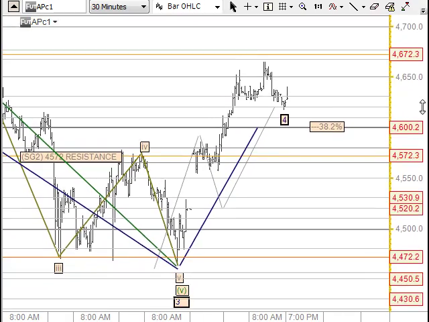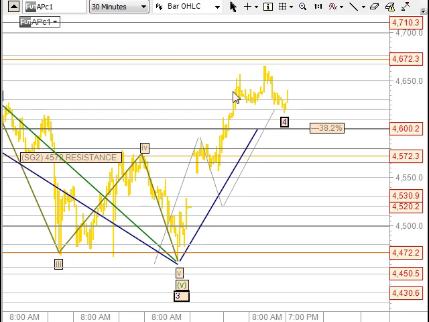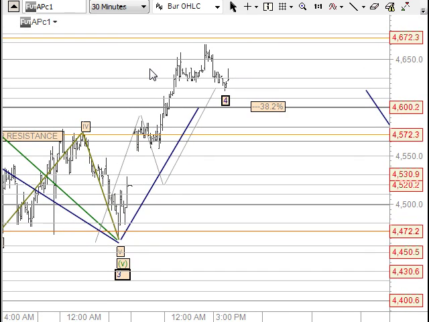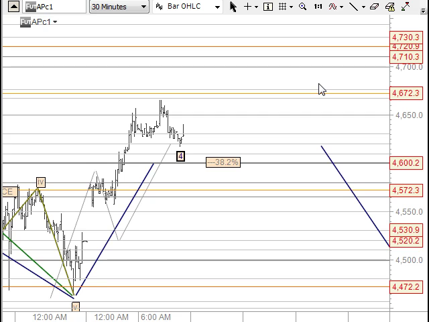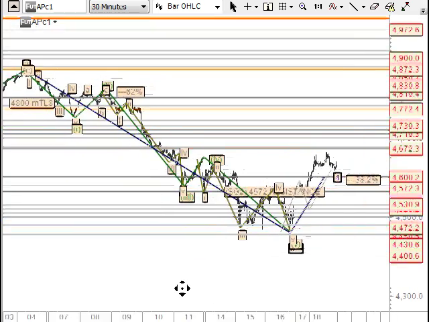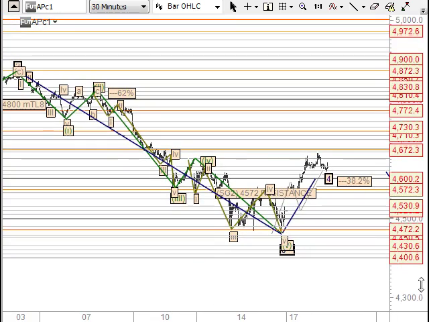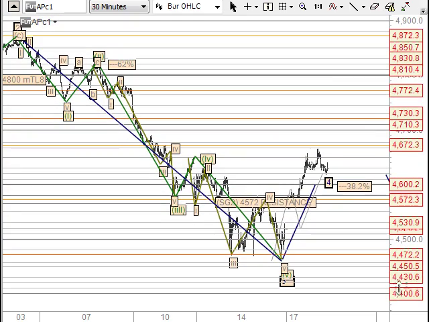So if we do have this 5-wave structure up through here, then yeah, look, we should get an ABC back across here, but then we should also get another push up further up here. So we just need to be a little bit careful about that. I just think that over the next day and maybe a touch more, we should be able to get a better idea of what's going on.